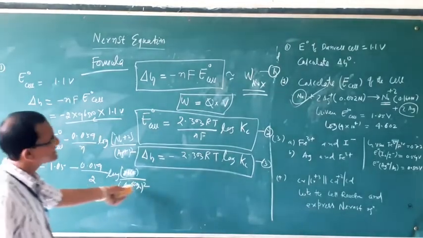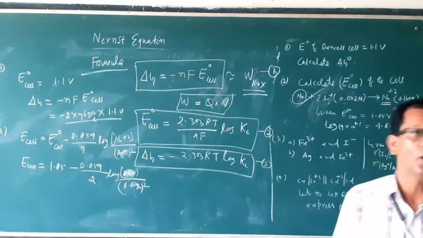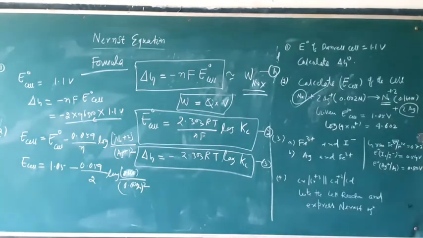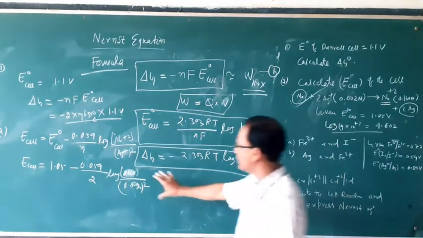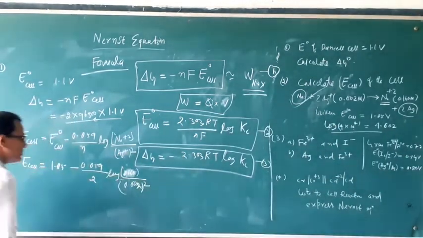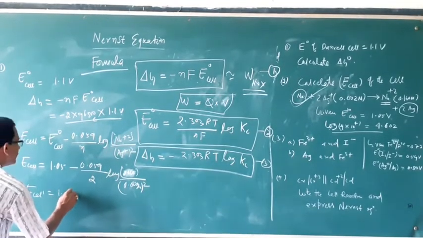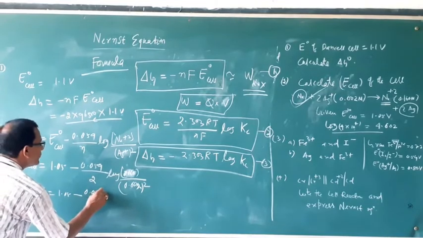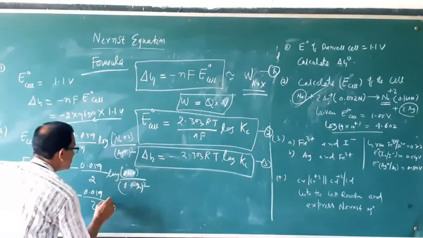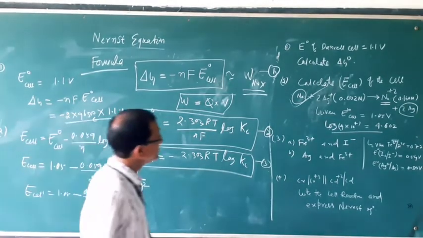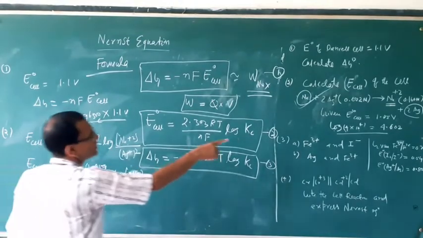One thing remember, in the CBSE the log value is generally given. That is one type of hint. As log 4 into 10 to the 4 is given, this is actually the log value. So without solving you can write E cell is equal to 1.05 minus 0.059 by 2 into log 4 into 10 to the 4.